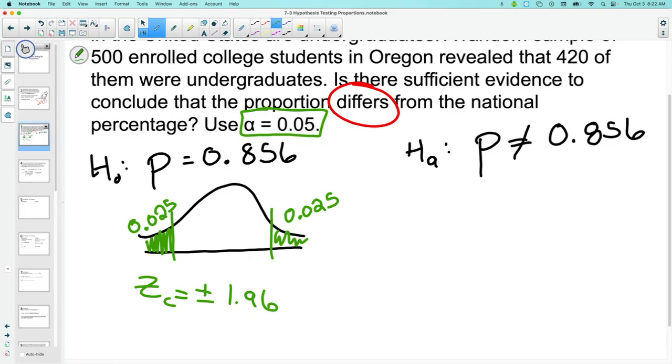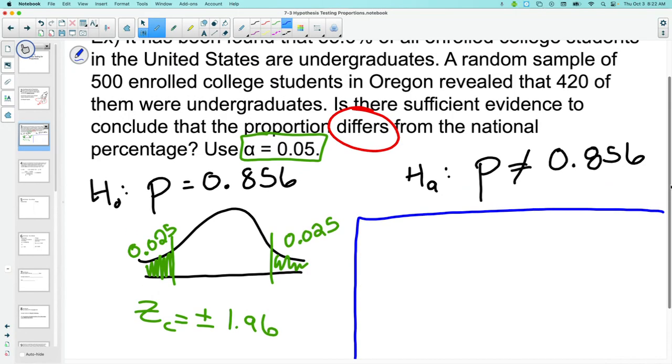So now we go to our actual step 4. I'm actually going to test my data. So I'd look at my data, and this stuff is just proportions, so what do we know? In this case, the proportion from my sample, that I went and gathered, is 420 out of 500.